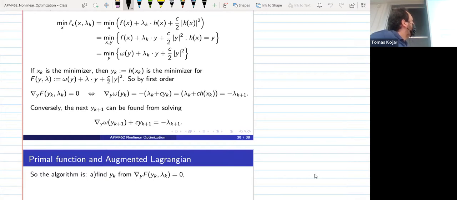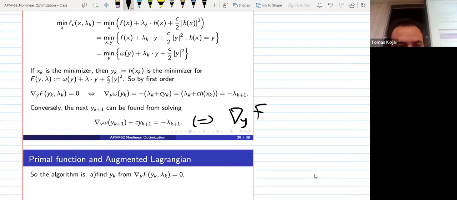Why? Oh, wait, yes. What we did here is we solved the equation gradient of F y at y k plus 1, lambda k plus 1 equal to 0.